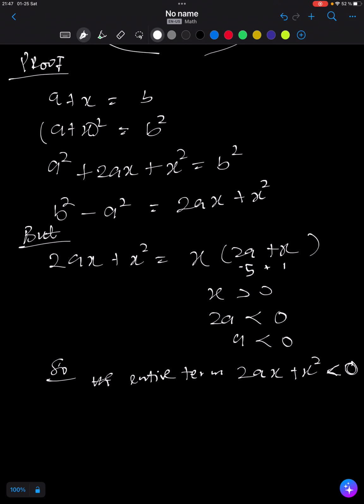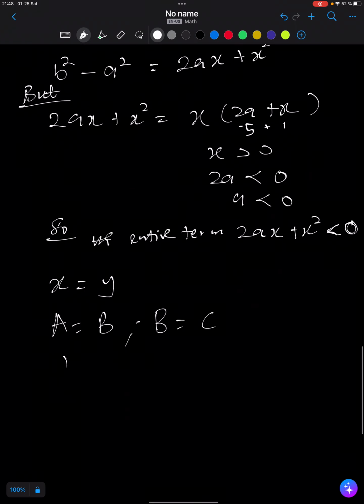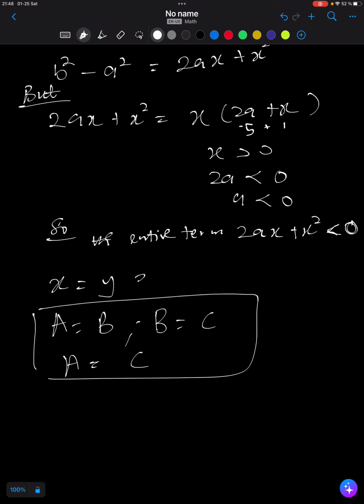So if x equals y, this reminds me of the zeroth law of thermodynamics or something like that, that if A equals B and B equals C, then A equals C. So if x equals y and y is less than 0, then, I don't think that's the transitive property.